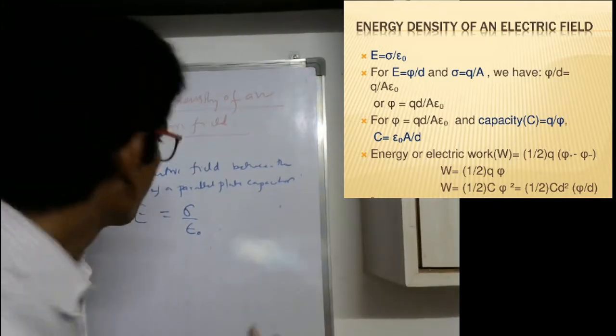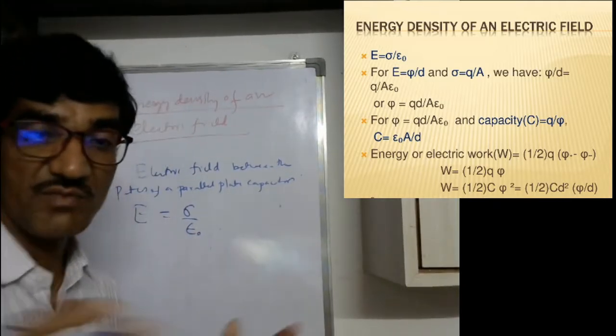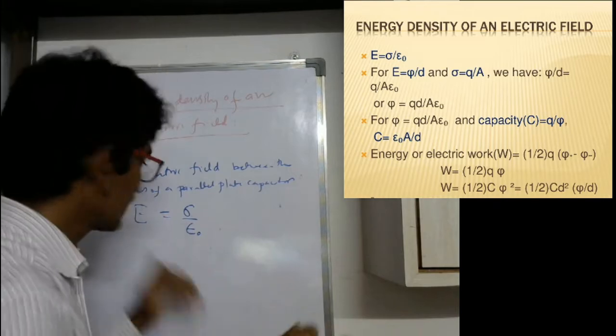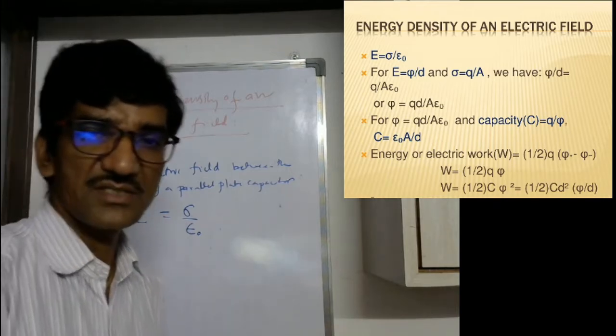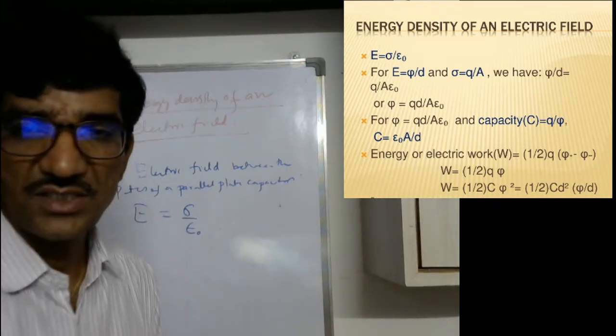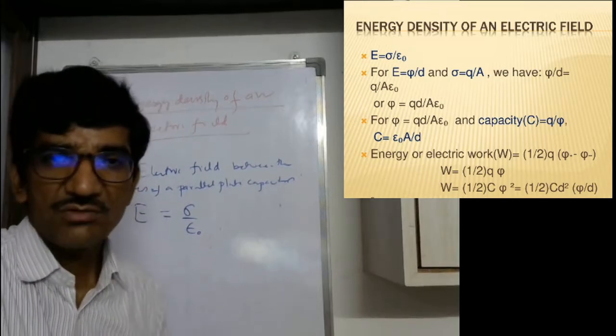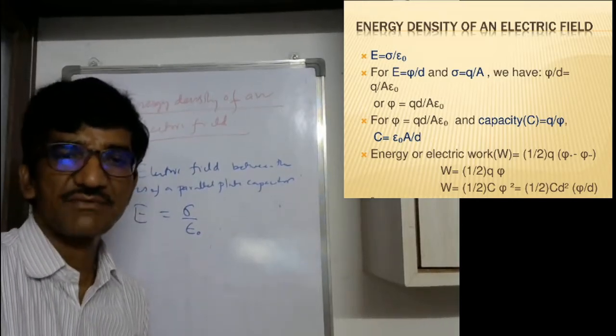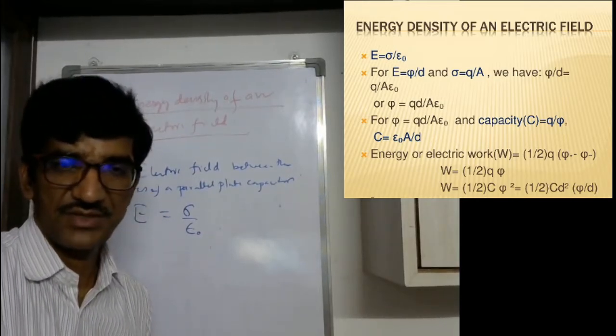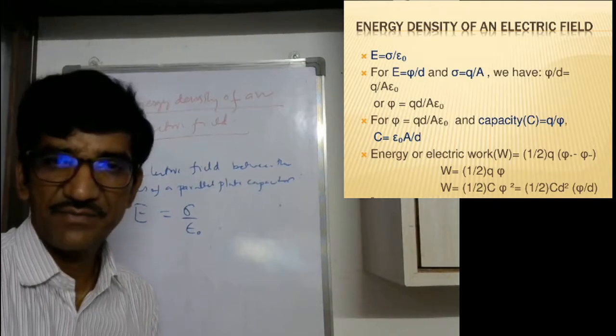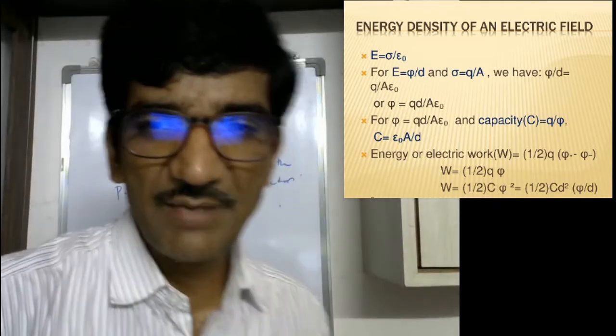If sigma is the charge density, then the field between the two plates is sigma by epsilon naught. Now let us try to find the capacity of the capacitor by using this relation.